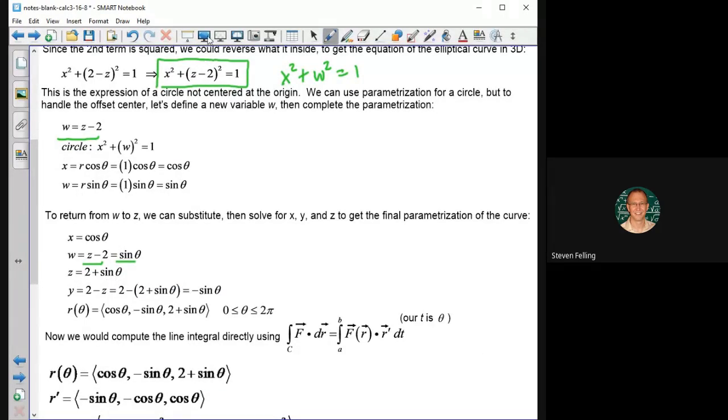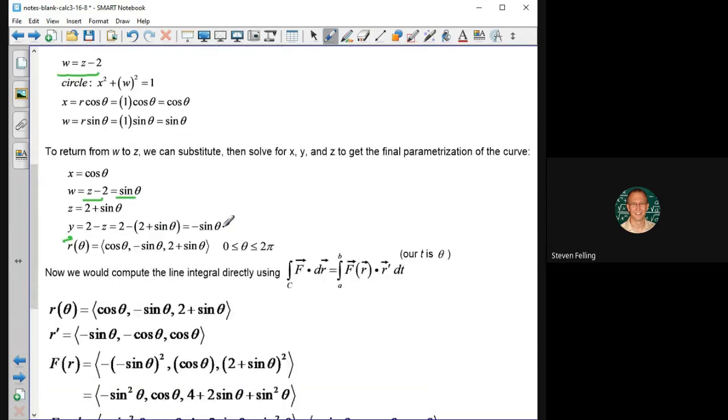By going back to the original expression of y, we have a parameterization for x, y, and z, and that means our parameterization could be in terms of a single variable, because remember, this is a 1D path, so we have to get down to parameterizing for just one variable, and that variable is going to be the angle theta. So x would be cosine theta, y would be negative sine theta, and z would be 2 plus sine theta. And if we allowed that theta to go from 0 to 2 pi, that would go once around the ellipse.